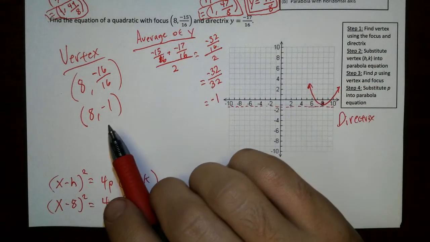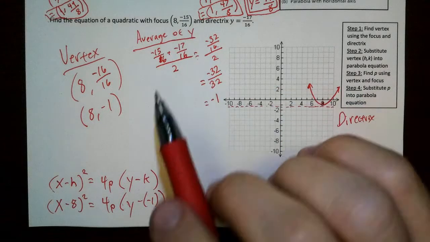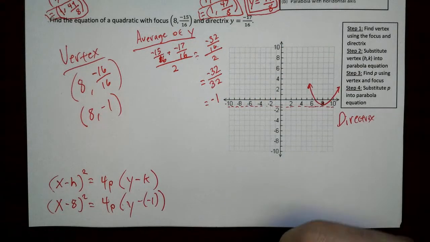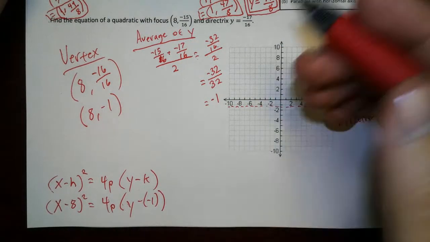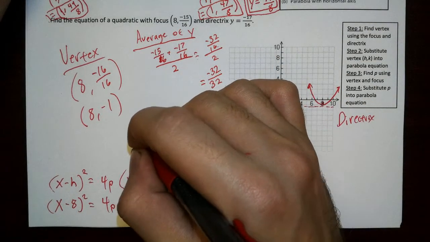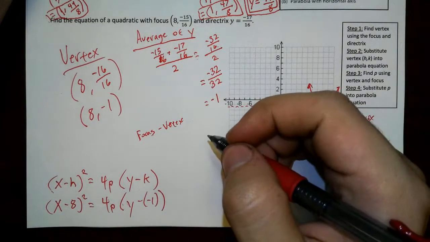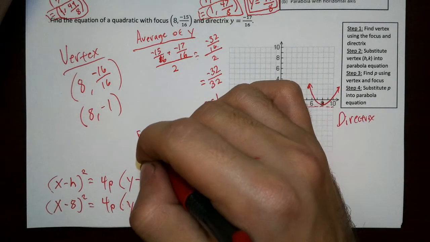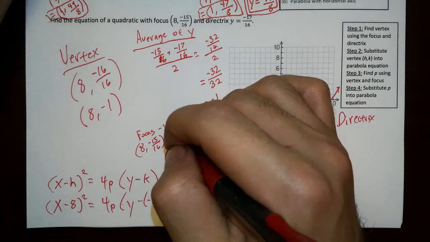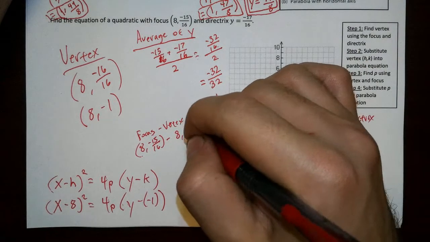Realize we can now find p because we have our vertex, our focus, and our directrix. And so if we know that our vertex is 8, comma, negative 1, and our focus is then 8, comma, negative 15 divided by 16, we can subtract these 2 points to find out what p is going to be. So we can do our focus minus our vertex. That's going to be a focus of 8, comma, negative 15 divided by 16 minus 8, comma, negative 1.